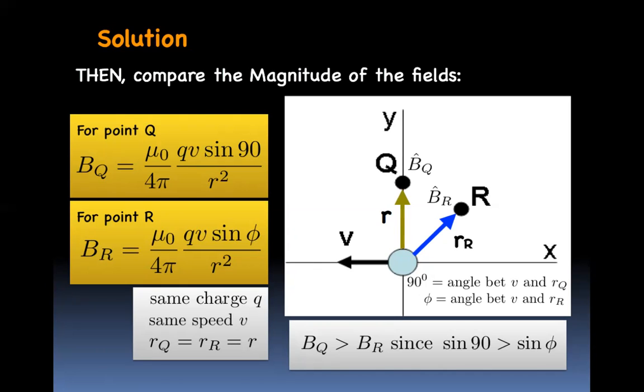On the other hand, for point R, the magnitude of the magnetic field is given by mu naught divided by 4 pi times QV sine phi divided by r squared. Here, angle phi is less than 90 degrees. So clearly, in terms of magnitude, the magnetic field at point Q is greater than the magnetic field at point R.